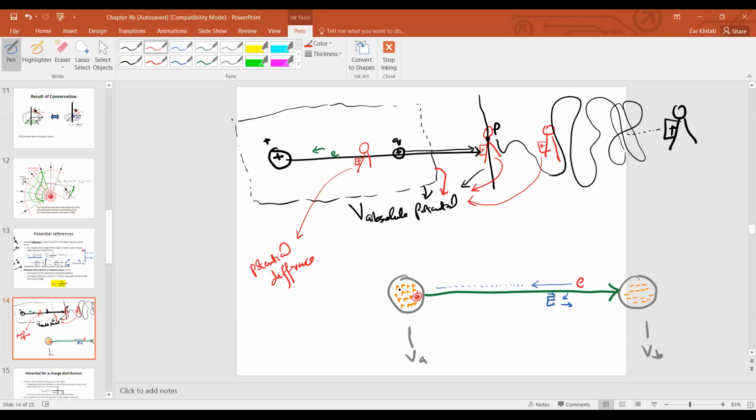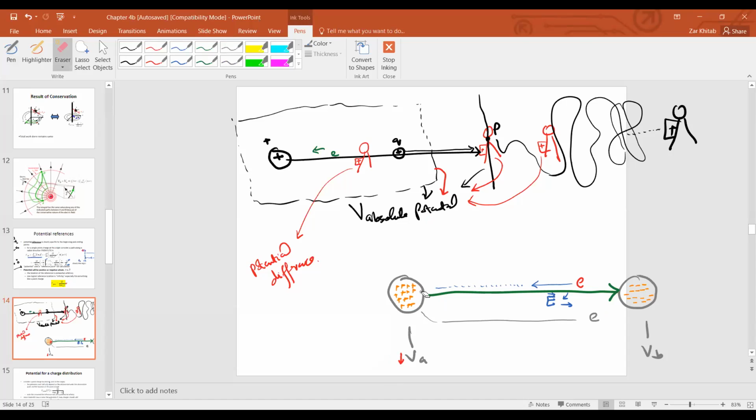So the electron will neutralize one of the positive charges, and because of that neutralization, the voltage VA will drop. Then on another instant, another electron comes here and drops here, so it will neutralize another positive charge.